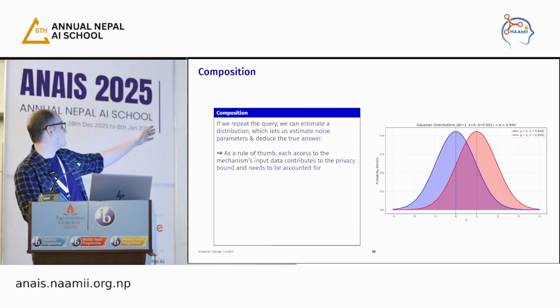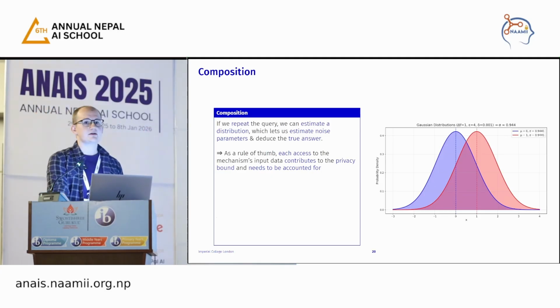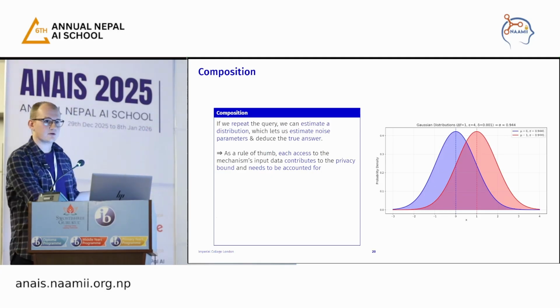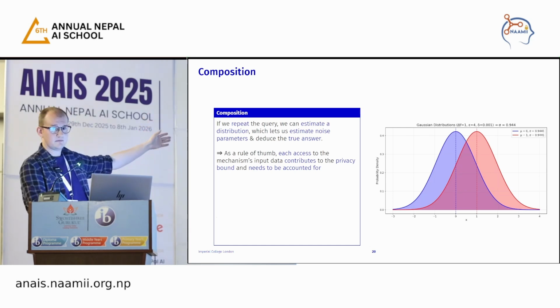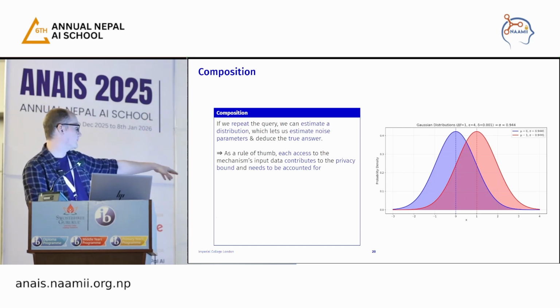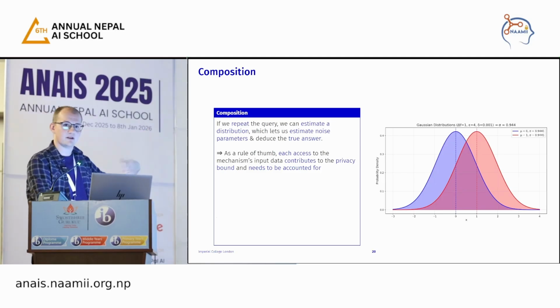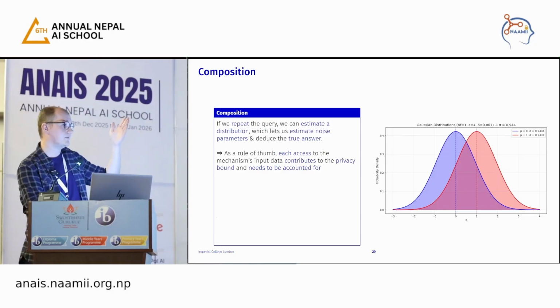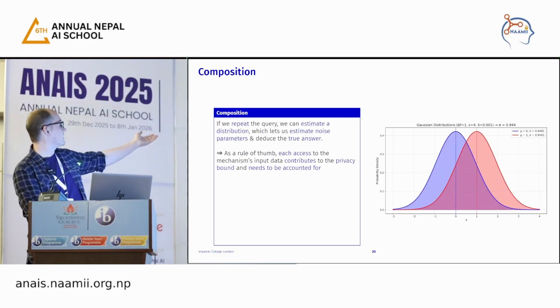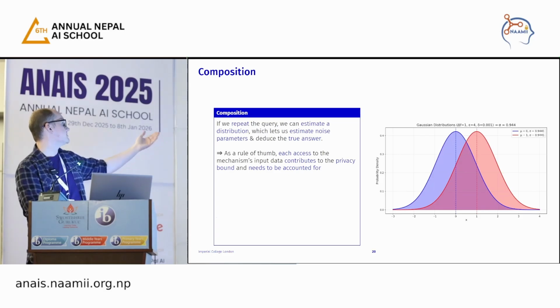So now if you look again a bit more closely into the composition, why is it that if we compose the same query over and over, we lose privacy? It's because we know that noise is being added from a normal distribution. So if we sample enough times from that mechanism, with some unknown mean but observed distribution around that mean, we can then estimate the noise parameters and deduce the true answer.